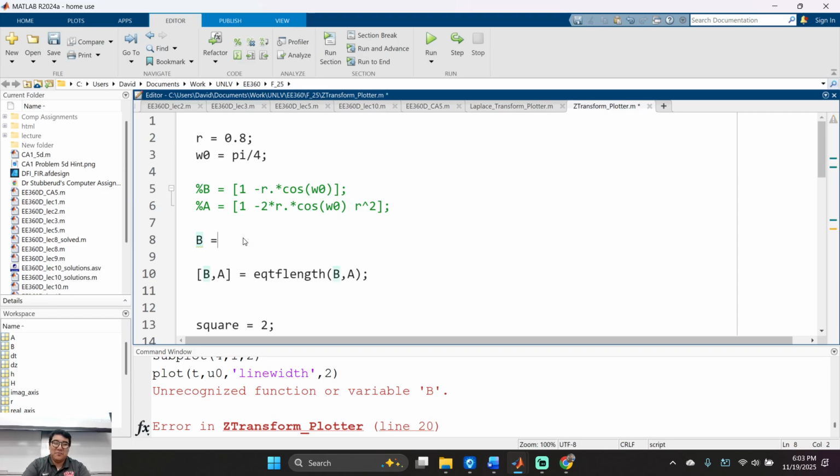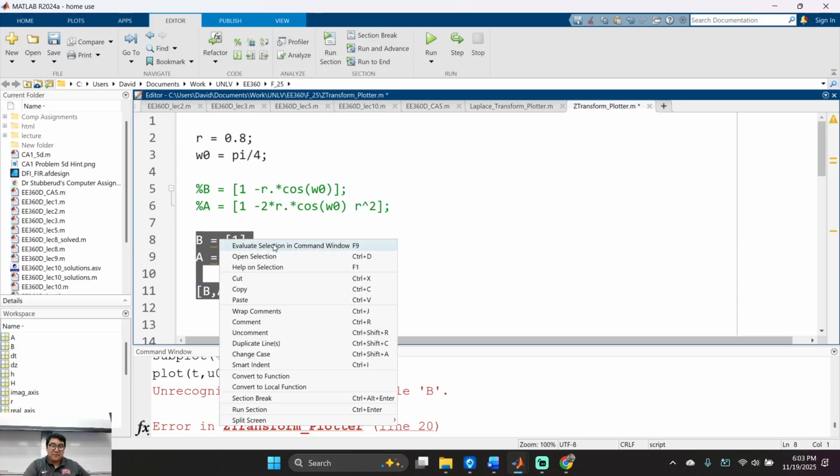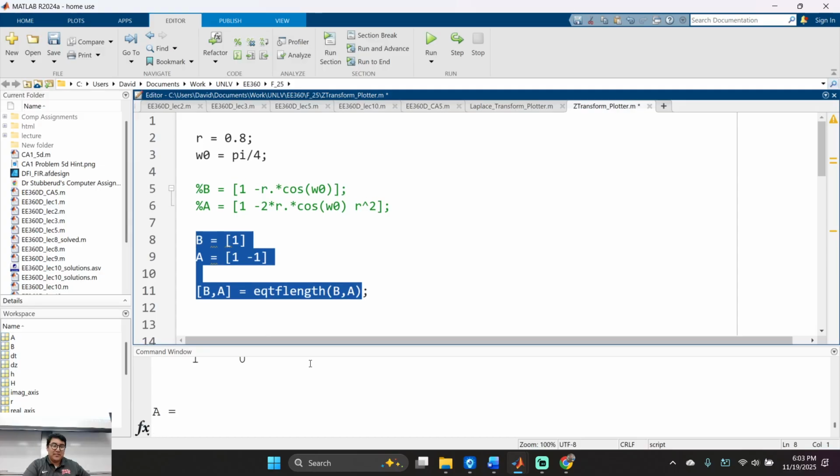If I were to do the following, b is equal to 1, and then a is equal to 1 minus 1. Is that good? Let's see, F9.